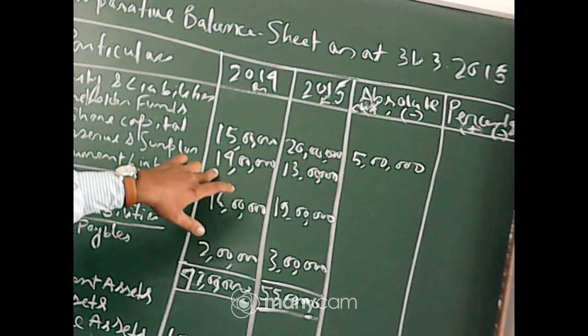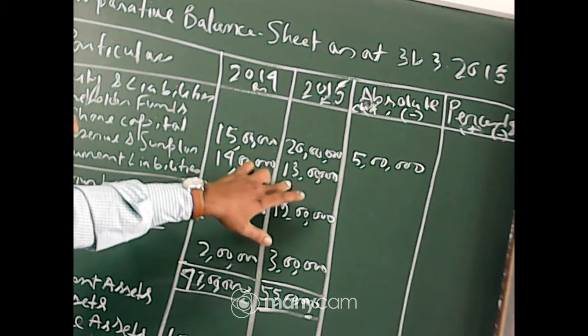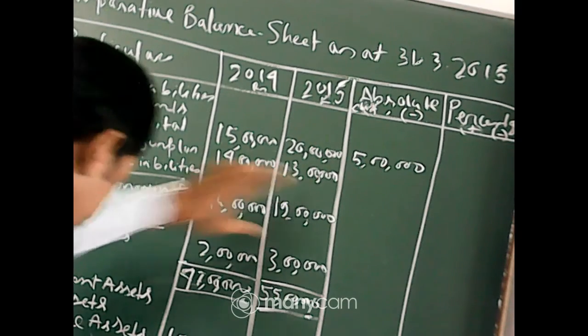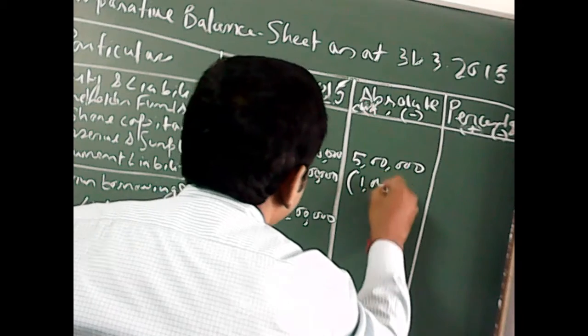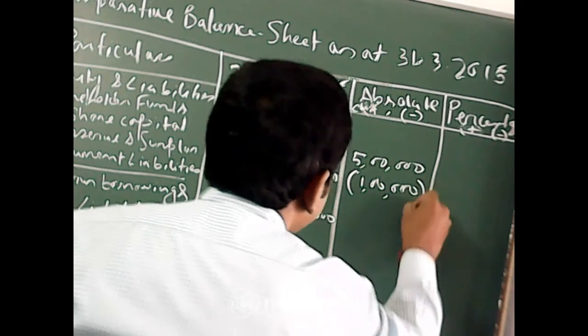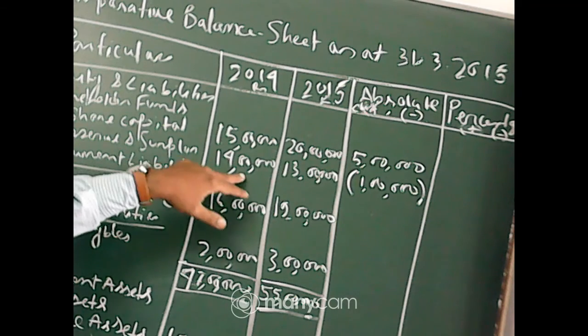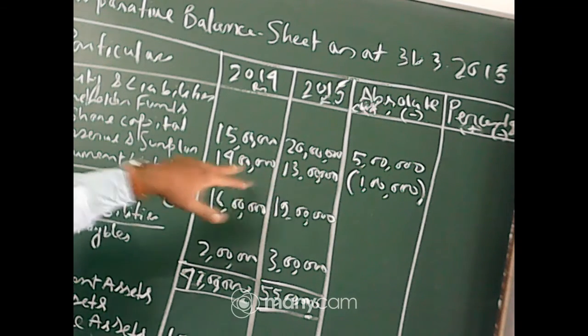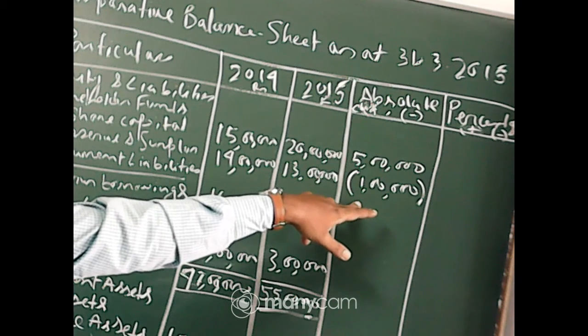There is 14 lakh last year, this year 13 lakh. Means there is a 1 lakh shortage. And you have to write it under bracket, because it is a decrease of reserve and surplus. Last year 14 lakh, this year 13 lakh, means 1 lakh of profit has decreased.